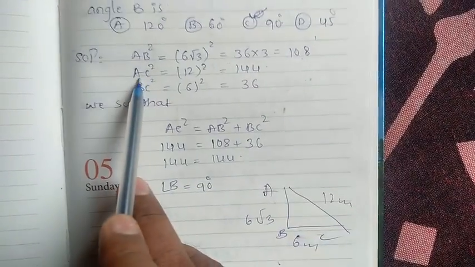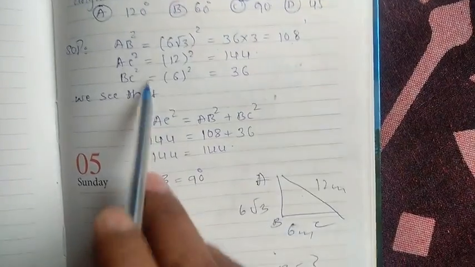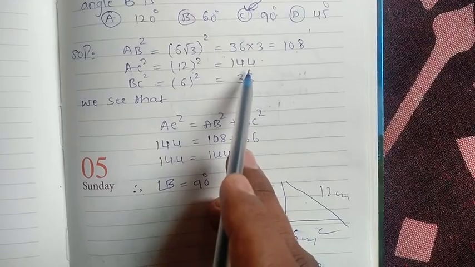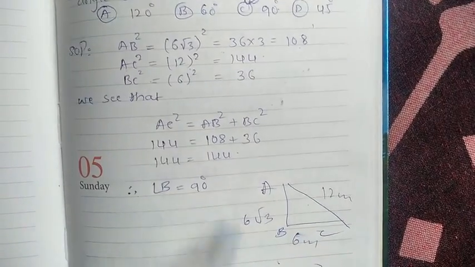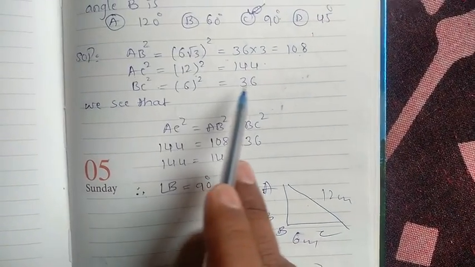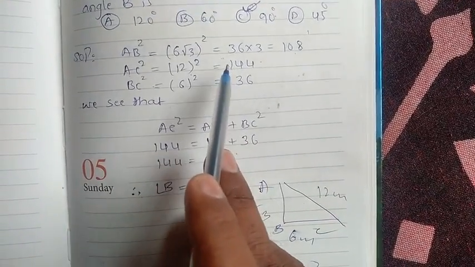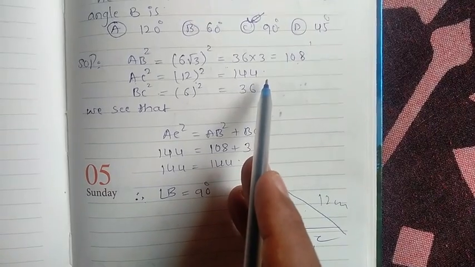Similarly AC square: AC is 12, and 12 square is 144. Correct? Then BC square: 6 square means 36. Now see which is the largest side here: 144. Check whether the hypotenuse square is equal to the sum of the squares of the other two sides.